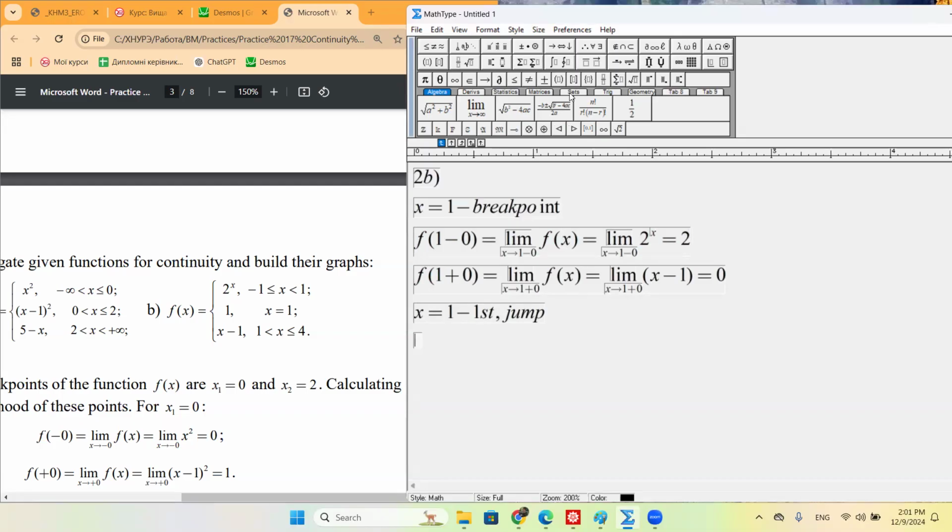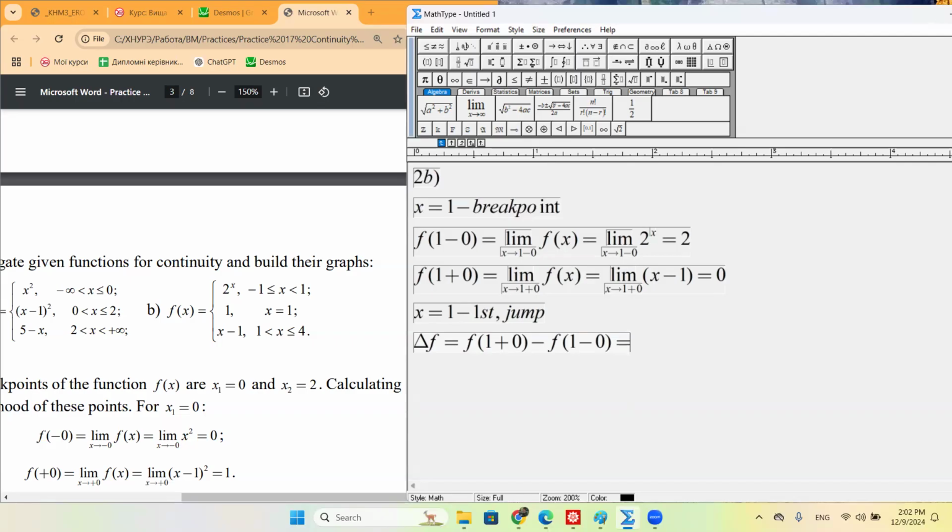Yeah, so that's why I was asking at this time, because we always subtract from f. We subtract the left value from the right value. So always this is f from 1 plus 0 minus f from 1 minus 0.